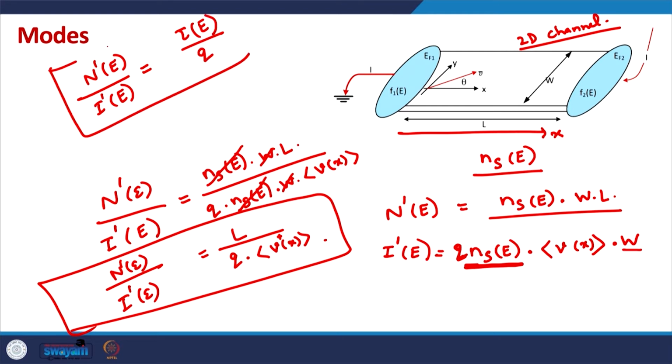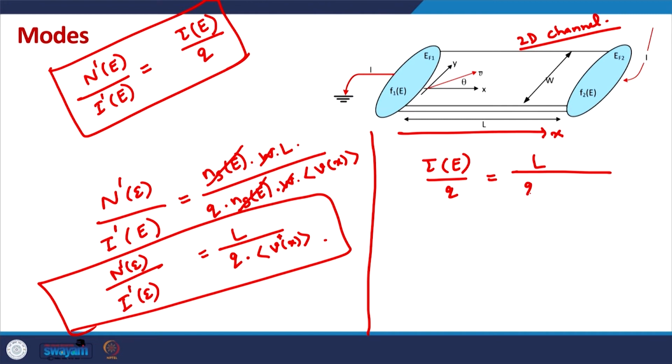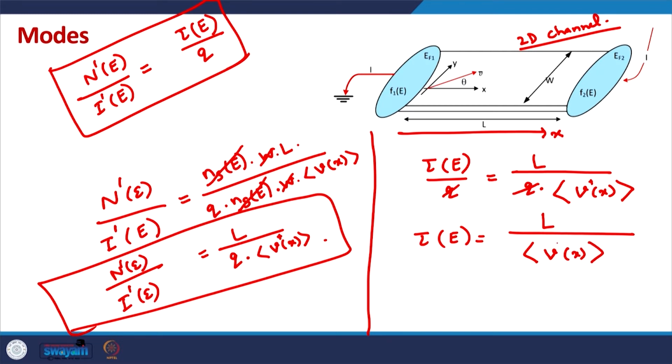So, if we equate these two expressions, one expression from our analytical calculations, and second expression from our experimental understanding of the material, in that case, we can write down tau E by Q to be equal to L by Q times average velocity in positive x direction, and the transit time of the electron at energy level E will be L by velocity of electrons in the positive x direction.